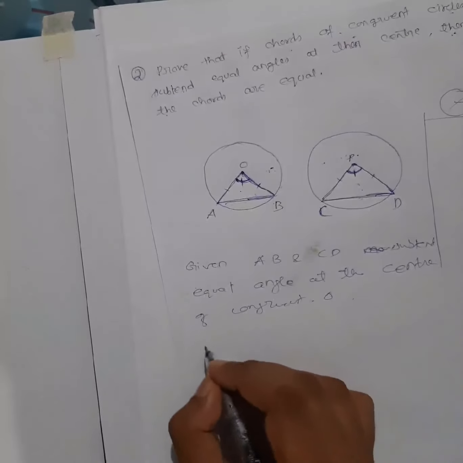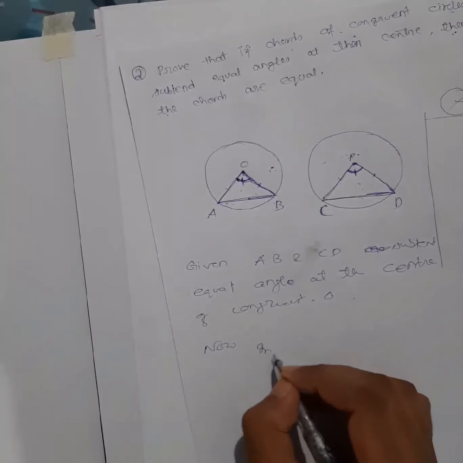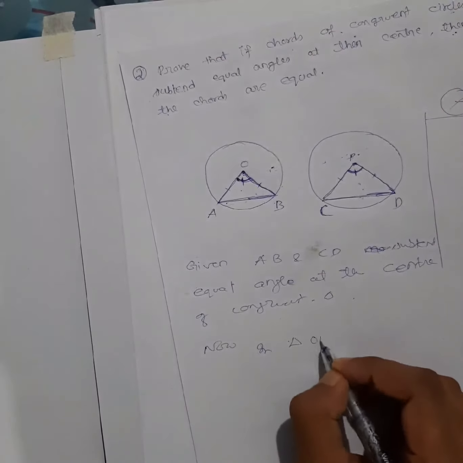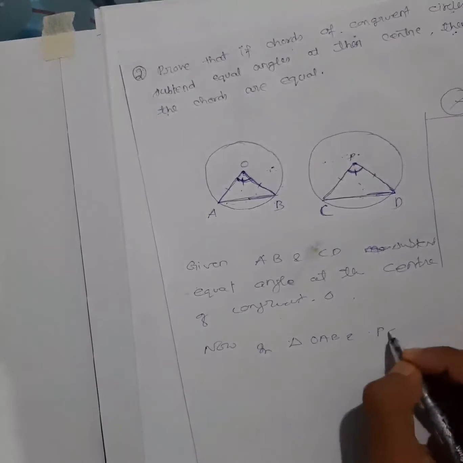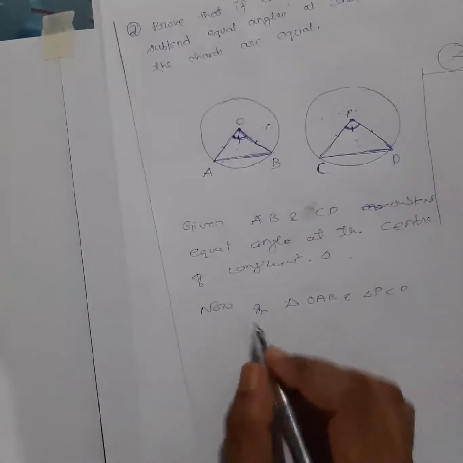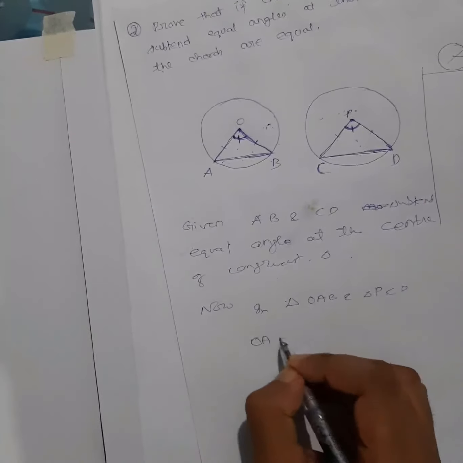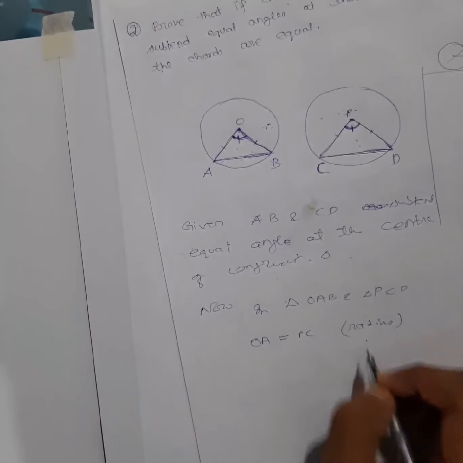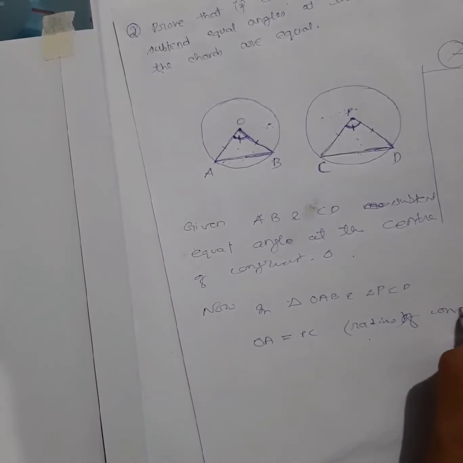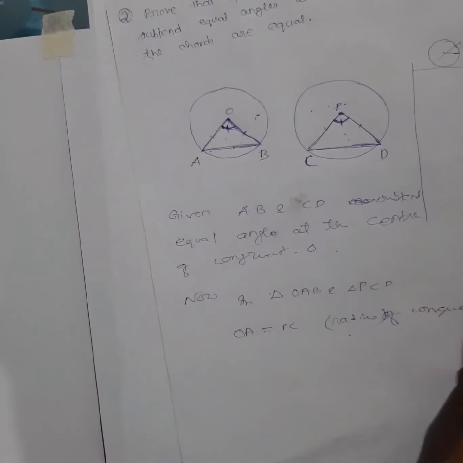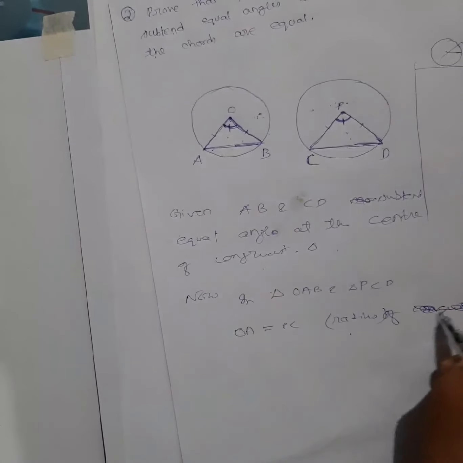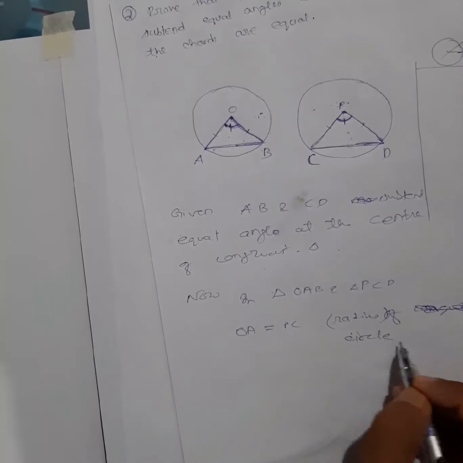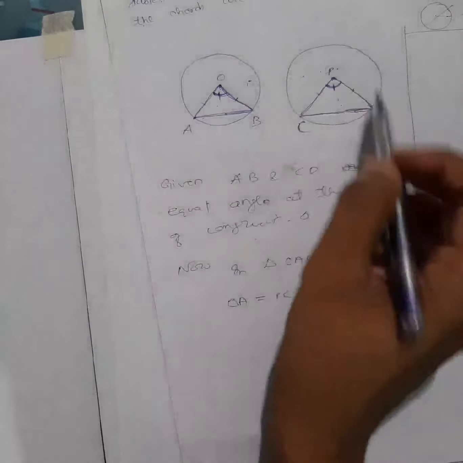Okay, now what I will do, in triangle OAB and triangle PCD, I will show it is congruent. In triangle OAB and PCD, OA is equal to PC, radius, right? Radius of congruent circle. What I'm saying, congruent circle, right? Not triangle, this is not triangle, right?